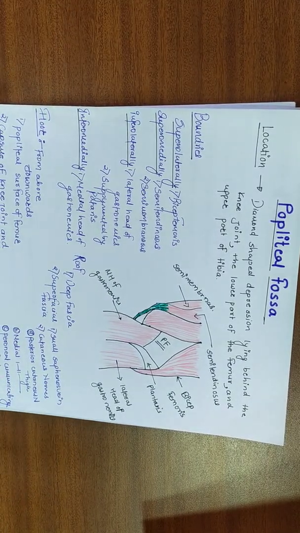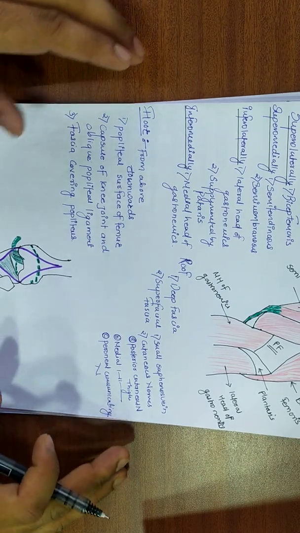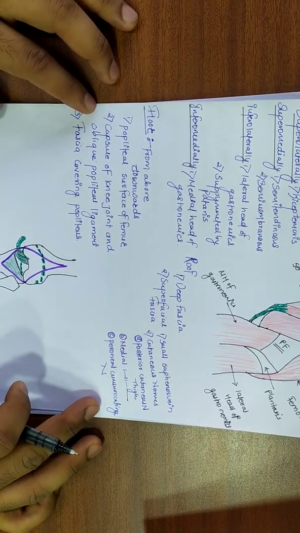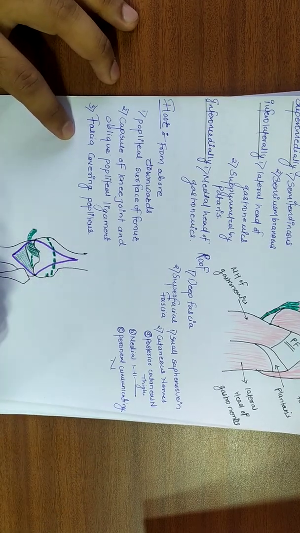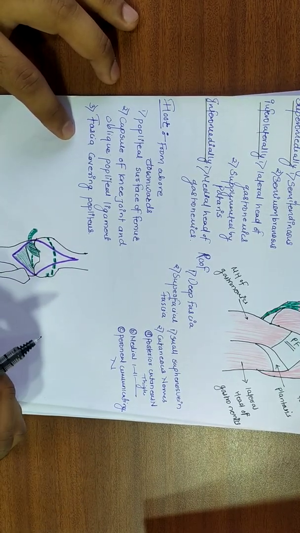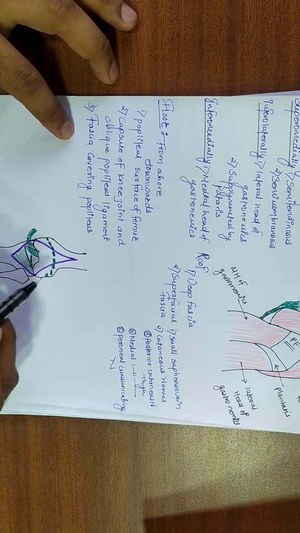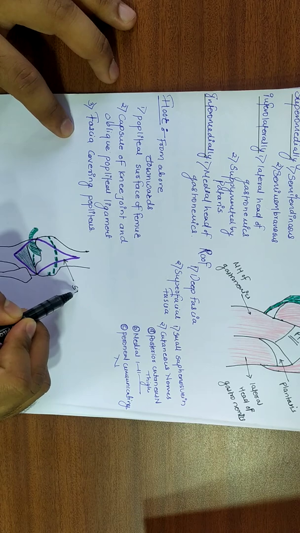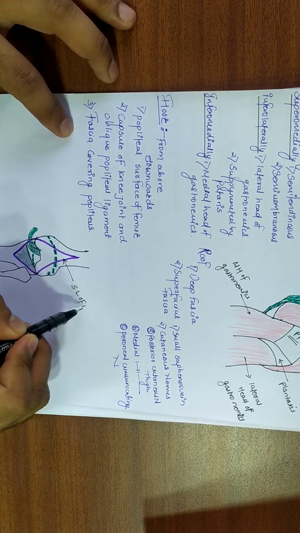The floor of the popliteal fossa is formed, from above downwards, by the popliteal surface of the femur. In this diagram you can see the surface landmark of the popliteal fossa.